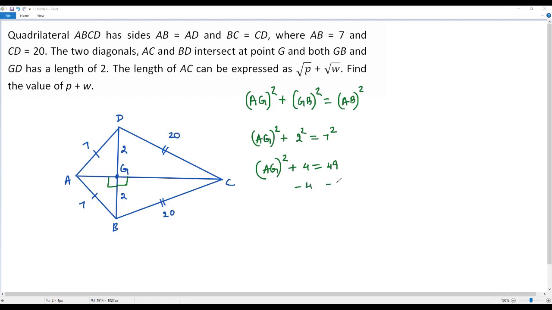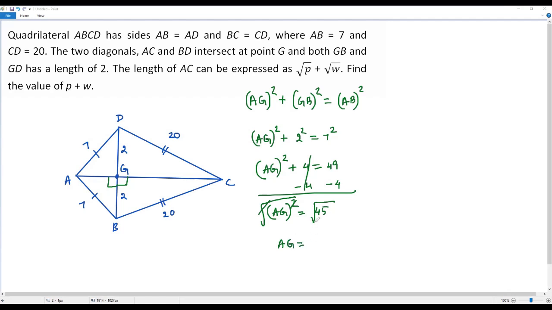Let me subtract 4 from both sides of the equation. Then positive 4 and negative 4 will cancel out. Then I'm getting AG squared equals 49 minus 4, which is 45. Now to get rid of the exponent, we have to take the square root on both sides of the equation. On the left side, the square root and square will cancel out. We get AG. On the right side, we have the square root of 45.